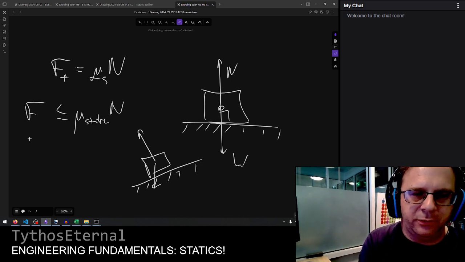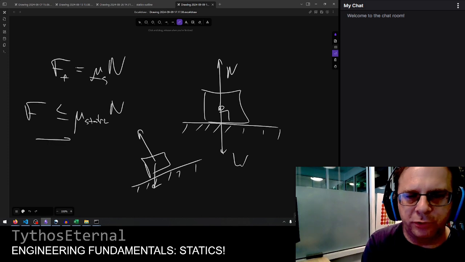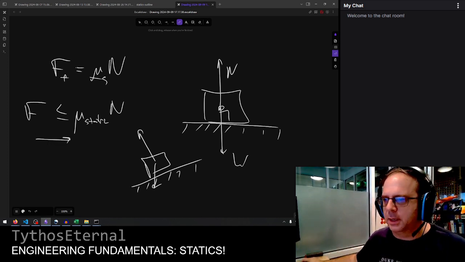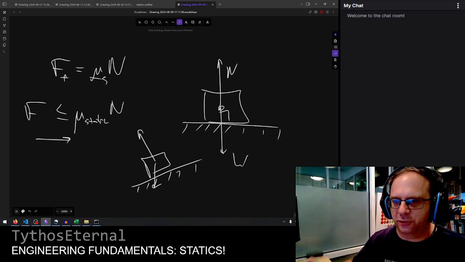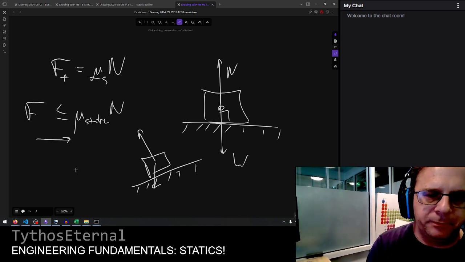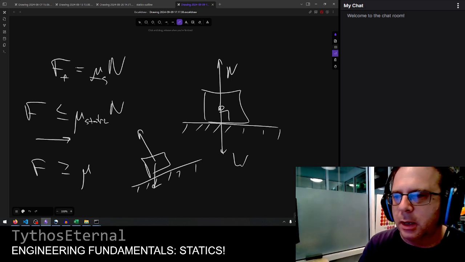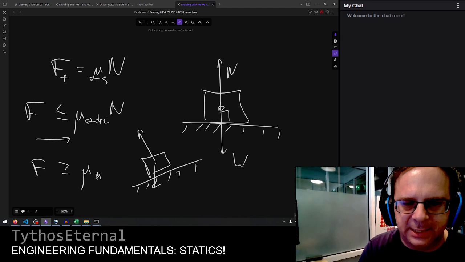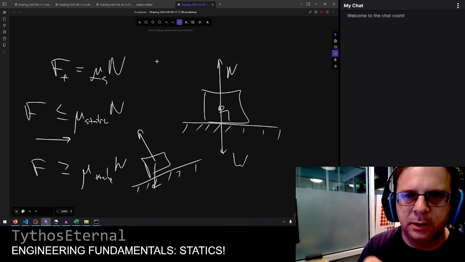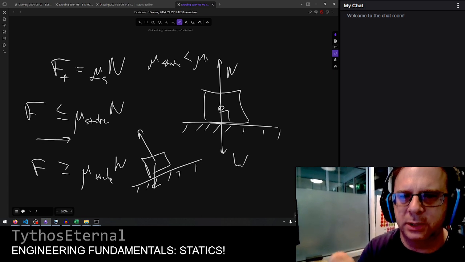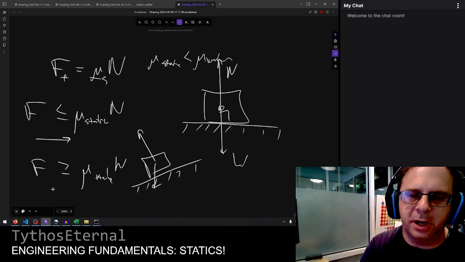As that force increases, it might approach this value, right? At which point it starts to risk slip, or there may be impending slip. And then at some point, the force might be greater than or equal to what you might call a kinetic value, where mu static is less than mu kinetic. Where it's like, okay, now we're moving, right?